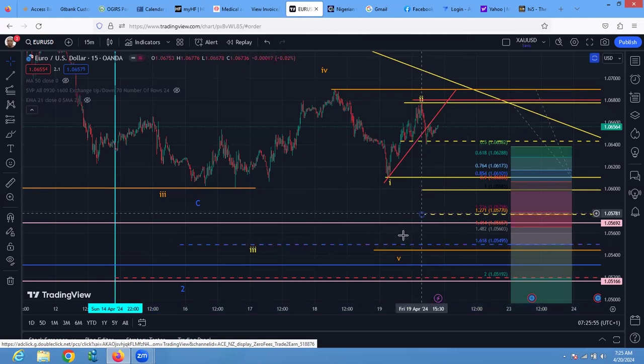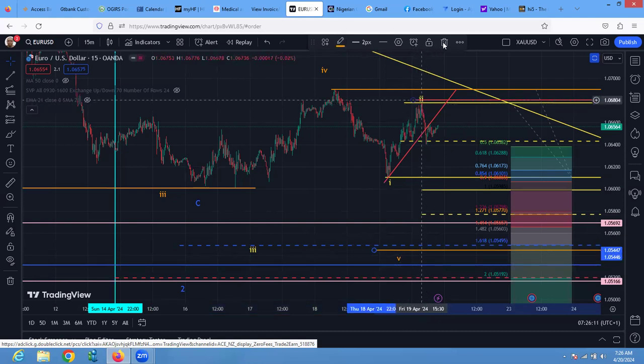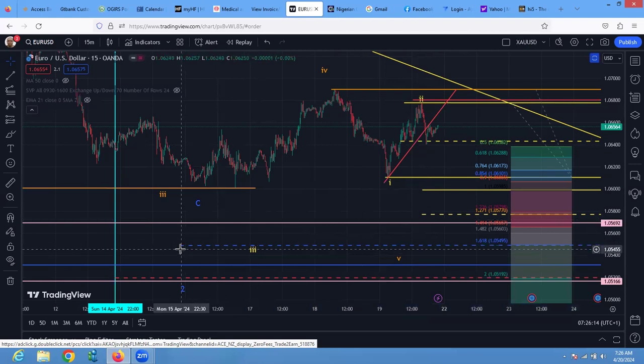Yeah, so for this one, 161.8 is actually on 85.4 retracement. And this is 88 right here.